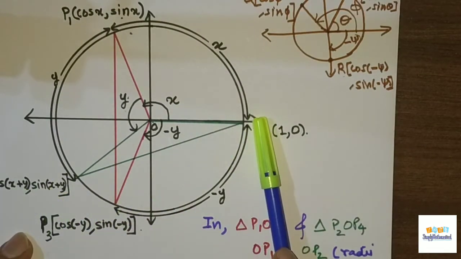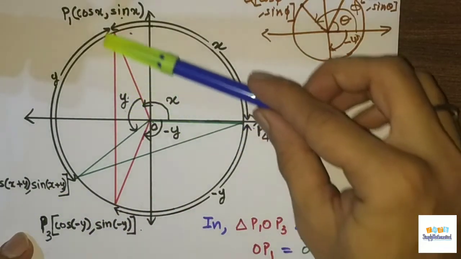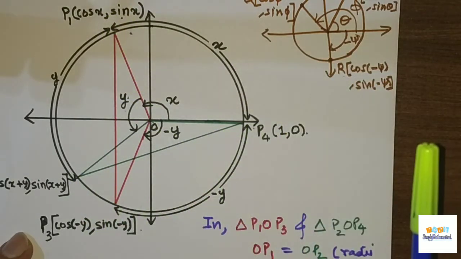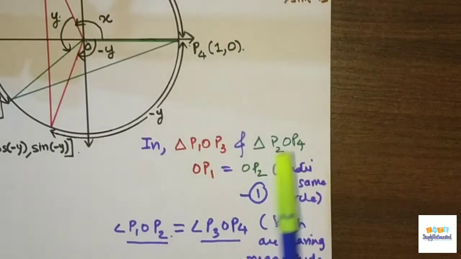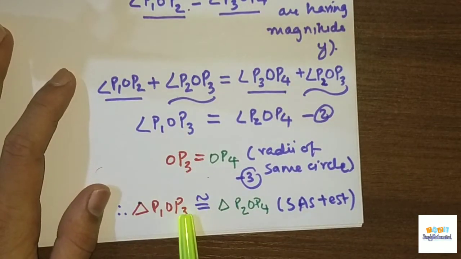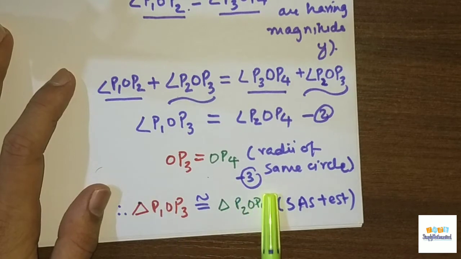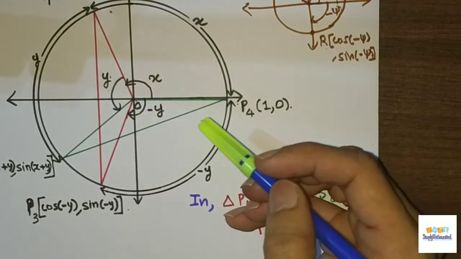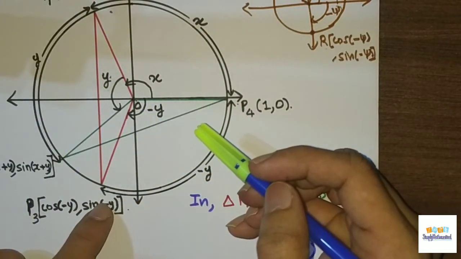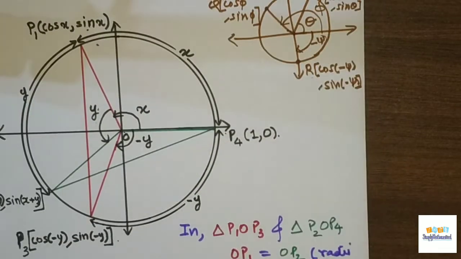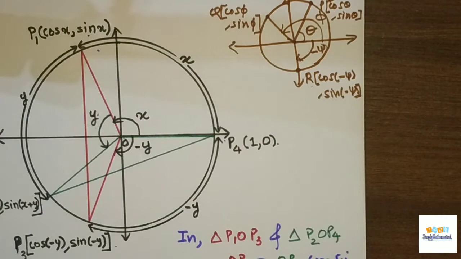P2P4. So what you have is P1P3 is equal to P2P4.